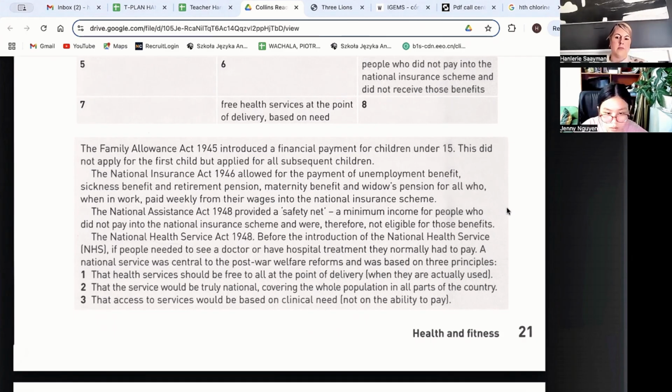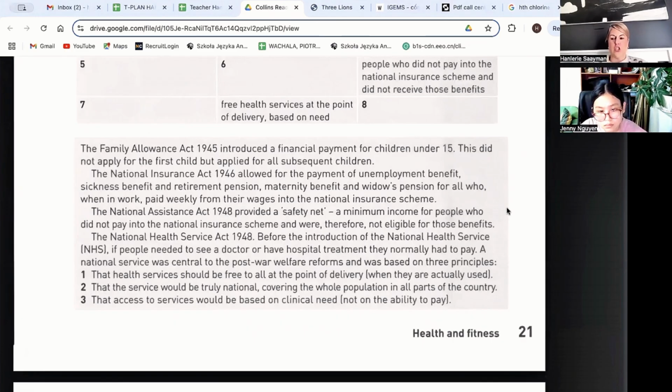That the health service should be free to all at the point of delivery when they are used. 2. That the service will be truly national, covering the whole population in all parts of the country. 3. That access to the service will be based on clinical need, not on ability to pay.